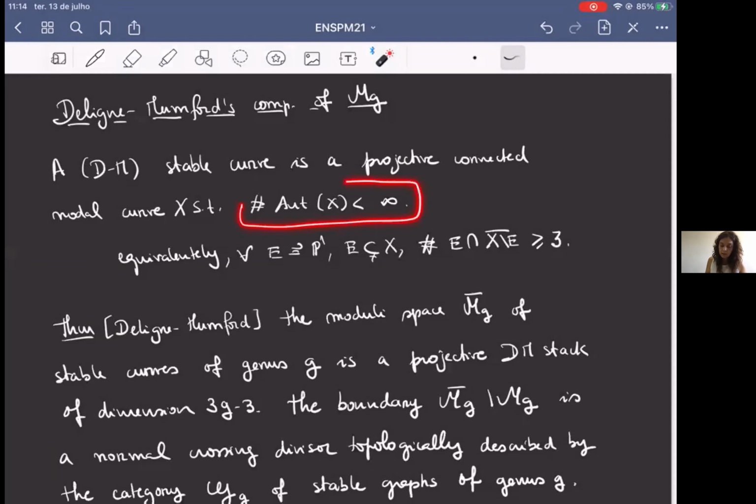You want to ask that the automorphism group of your curves be finite, but this can be said equivalently by asking that every irreducible rational component of your curve should meet the rest of the curve in at least 3 points. Otherwise you would have infinitely many automorphisms of your irreducible rational subcurve, but with these 3 special points, you just get finitely many.